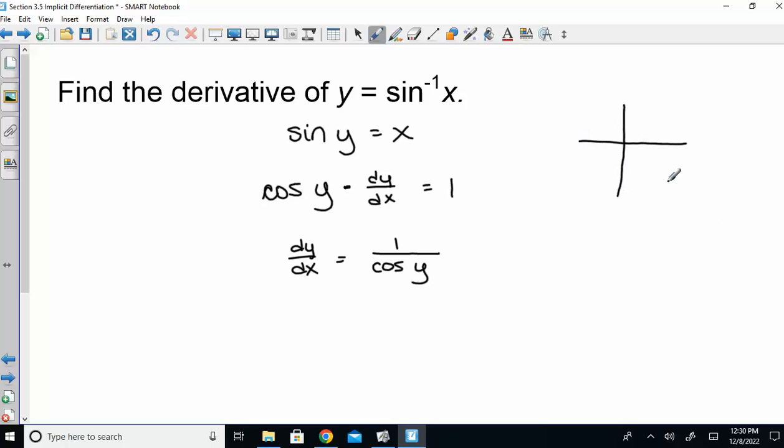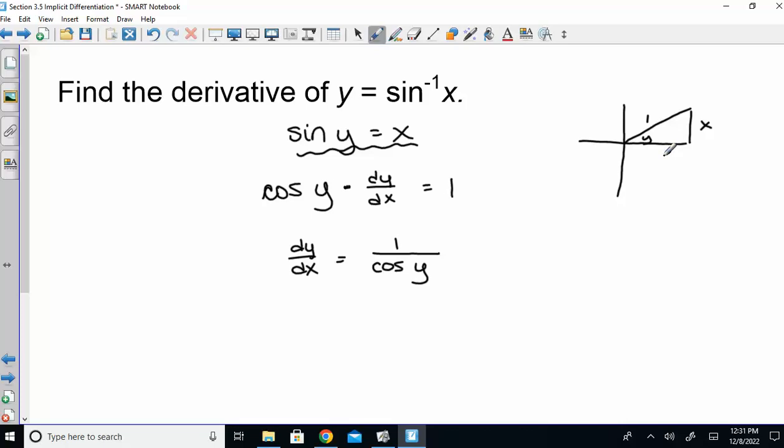Okay, if I were going to draw a triangle here, when I say sine of y equals x, that means my angle is y. We know sine, if you think SOHCAHTOA, is opposite over hypotenuse. So this means my opposite side is x, my hypotenuse is 1.